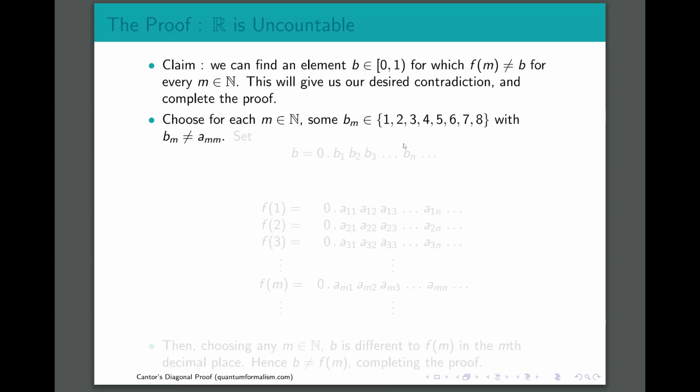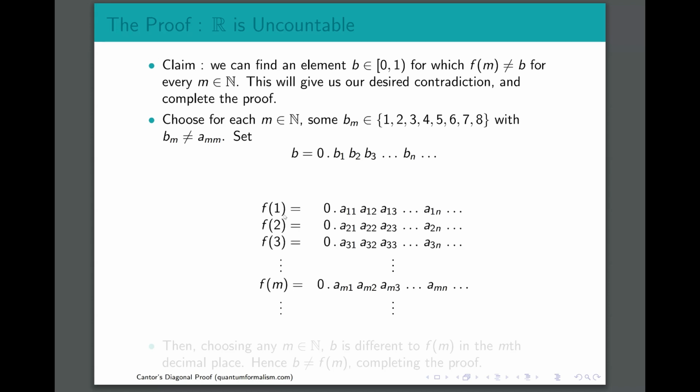To this end, for every single natural number m, we're going to choose some bm that belongs to the set 1 going up to 8, for which bm is not equal to amm. Now this is probably easiest to see once we reveal the number b and we reveal all of the elements in the list.